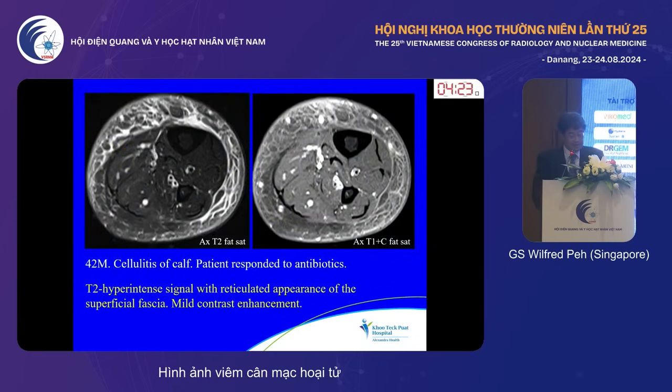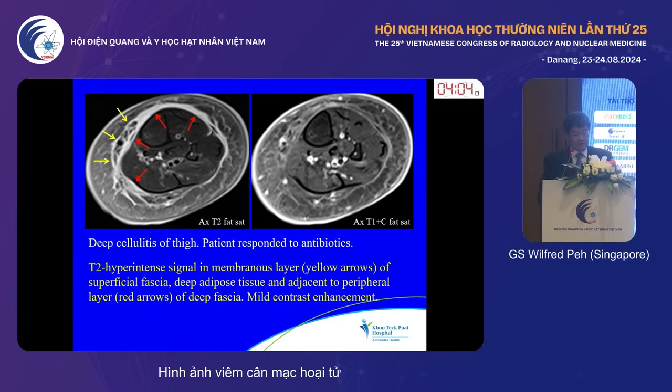So here's an example. You can see the muscles are quite normal. There is no fluid in the intermuscular fascia or close to the deep muscles, but there is a lot of fluid in the superficial fascia, including the membranous fascia. Here's another example, a different patient with deep cellulitis of the thigh.